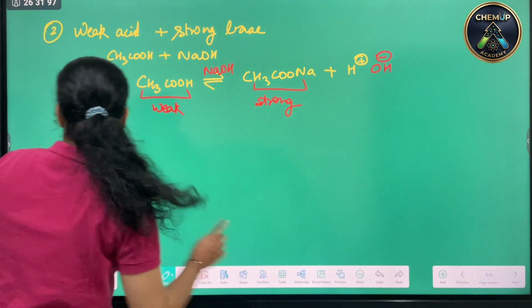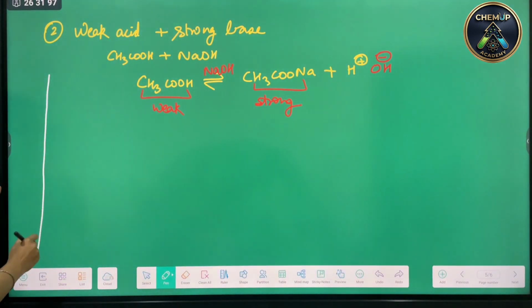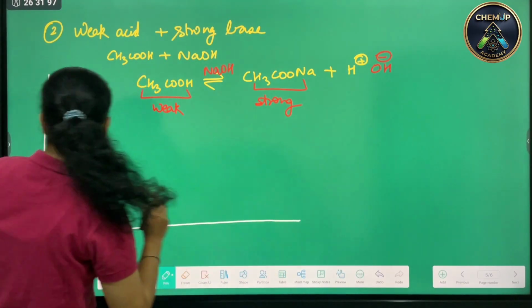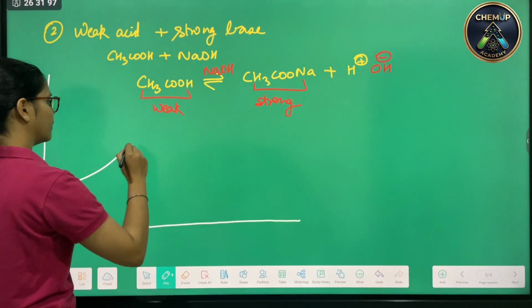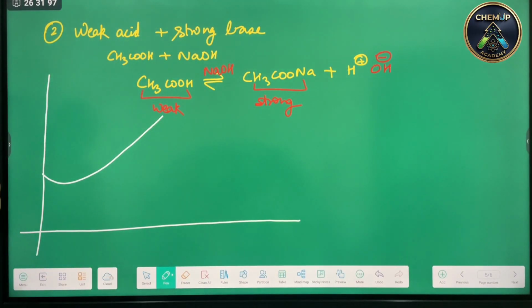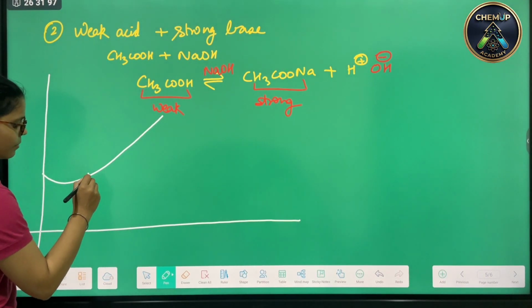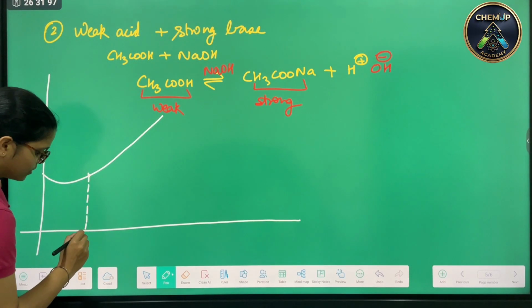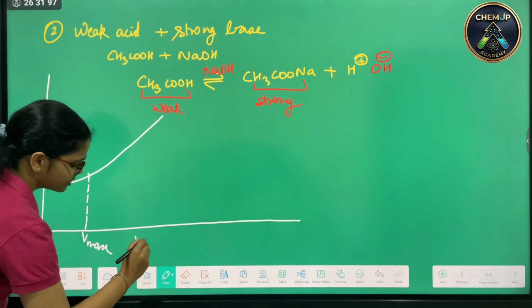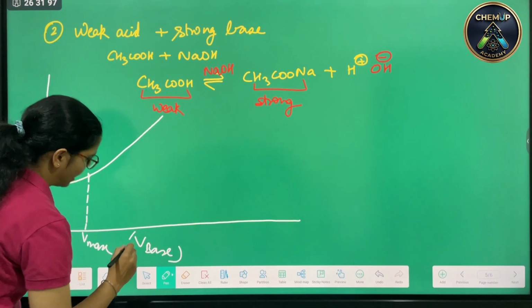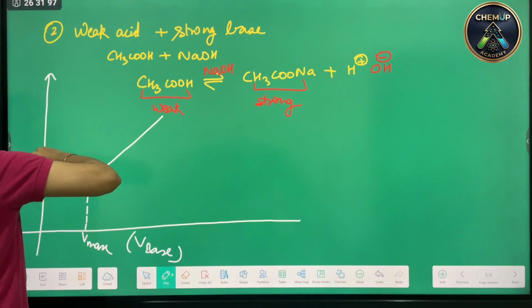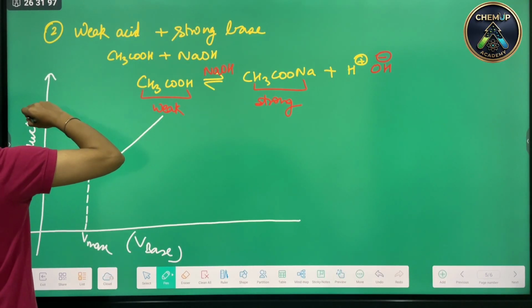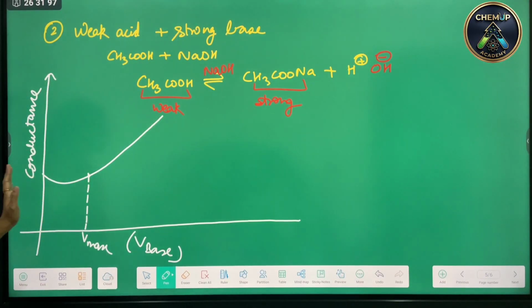We can make it like this, and this is how we shall observe. Like we can say this is our Vmax, where this is volume of base, and here is your conductance. This is how it is going.